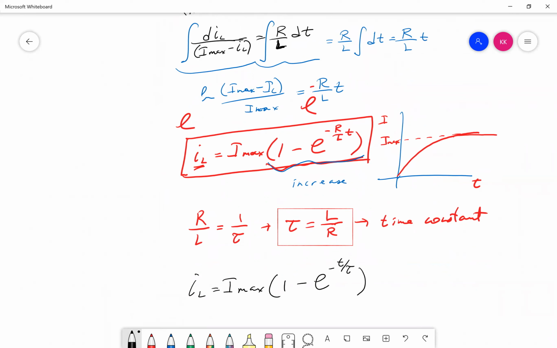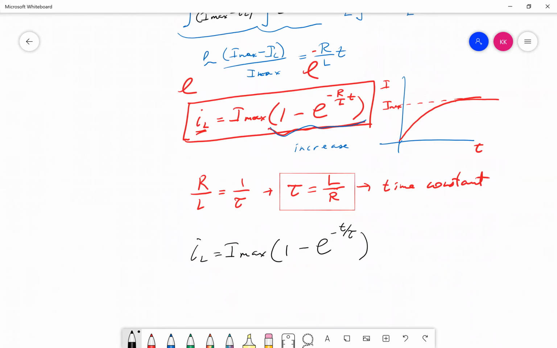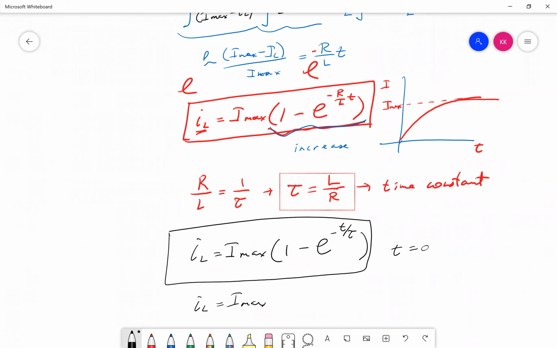Now, using this equation, you can see that at t equals 0, indeed the current through the inductor was 0. If I write the current through the inductor equals Imax times (1 minus e to the negative 0 over tau), that becomes e to the 0, which is 1. 1 minus 1 is 0, so the whole thing is 0, which verifies that current at t equals 0 is 0.